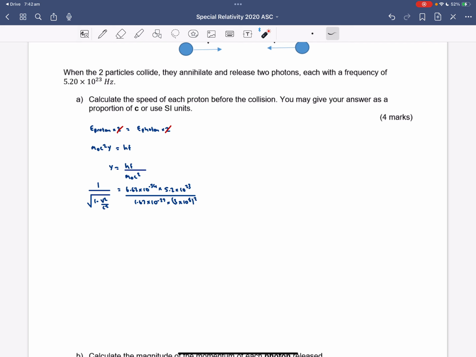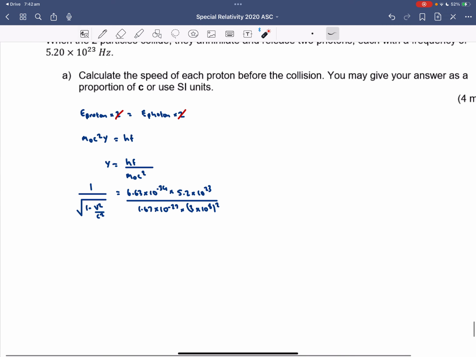Effectively, I'll just do the calculation for that one. My marking key does it slightly differently, so I'll do the working out for that. If I do the working out for that, I'm getting, give me 30 seconds. Alright.